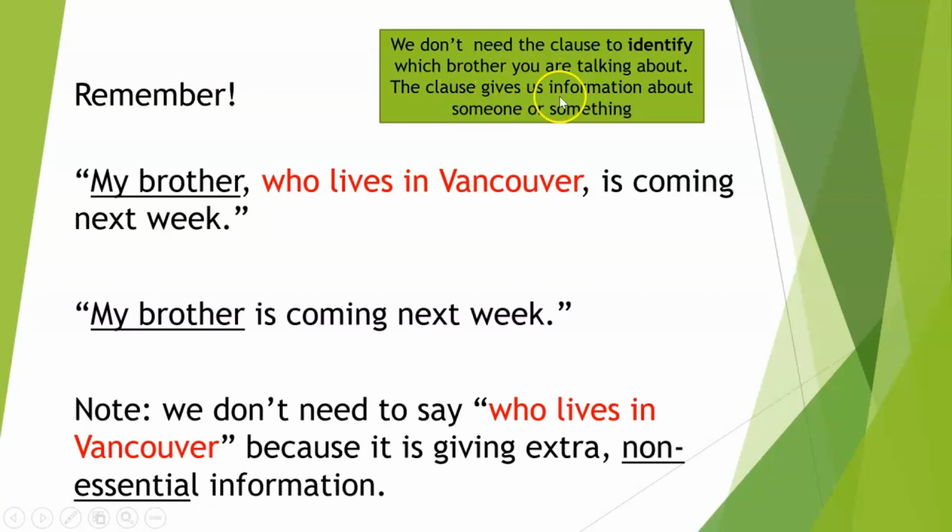The clause gives us extra information about someone or something. So we can say, "My brother who lives in Vancouver is coming next week," or we can say, "My brother is coming next week." We don't need to say who lives in Vancouver because it is giving extra non-essential information.